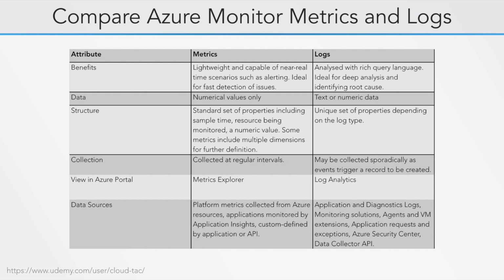Data sources for metrics include platform metrics collected from resources, applications monitored by Application Insights, or they can be custom defined by applications or APIs. Application and diagnostic logs, monitoring solutions, agents and virtual machine extensions, application requests and exceptions, Azure Security Center, and the Data Collector API are all sources of data for Azure Logs.